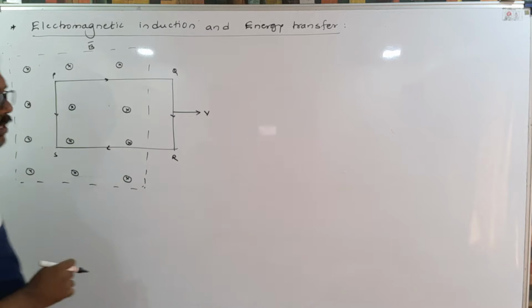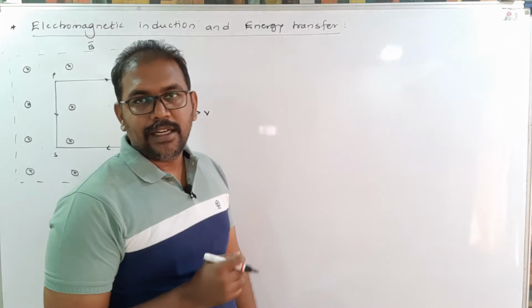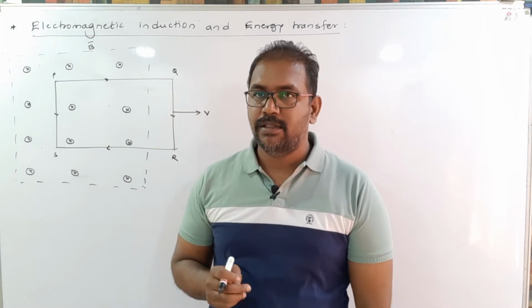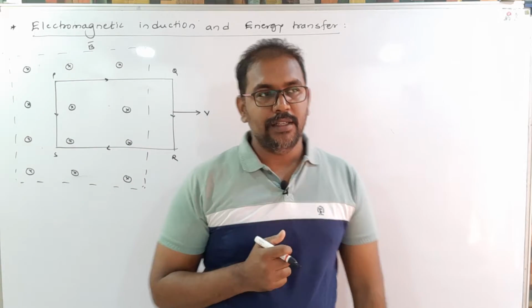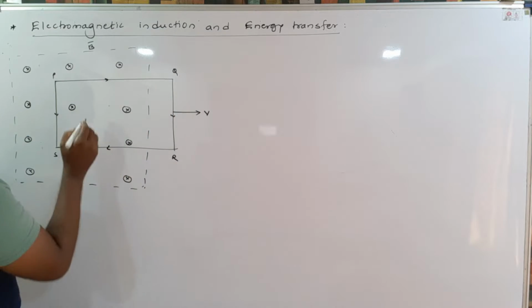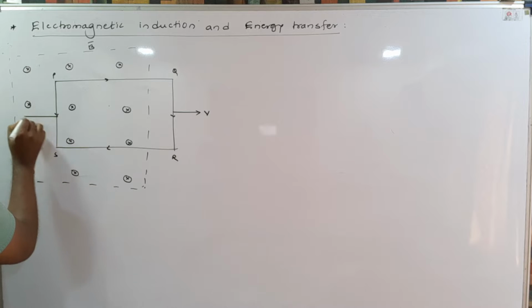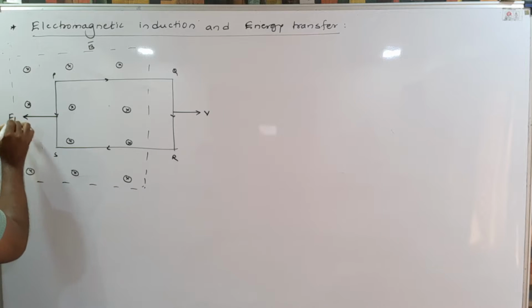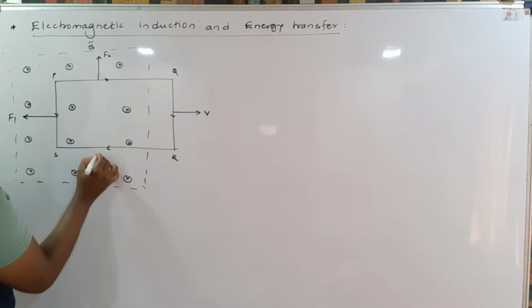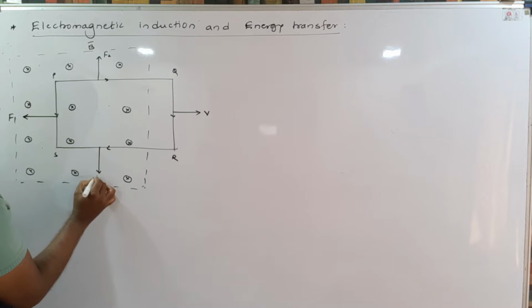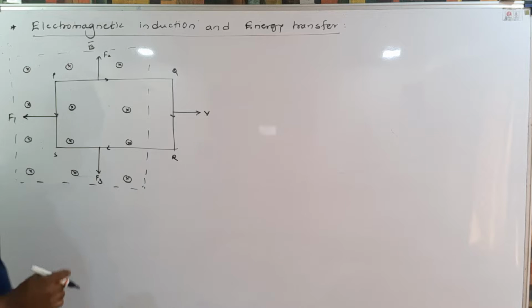Then you know that a current carrying conductor experiences some force in a magnetic field. So I can consider this side experiences force F1, this side experiences force F2 and this side experiences force F3.